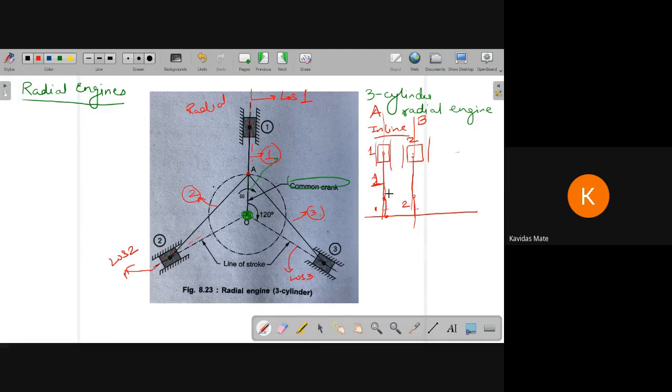So we have certain forces coming in this direction, this direction, and this direction, and the bearings are attached somewhere over here.